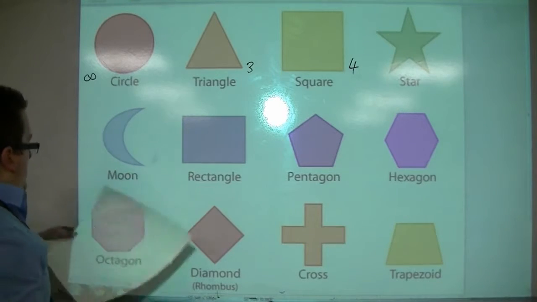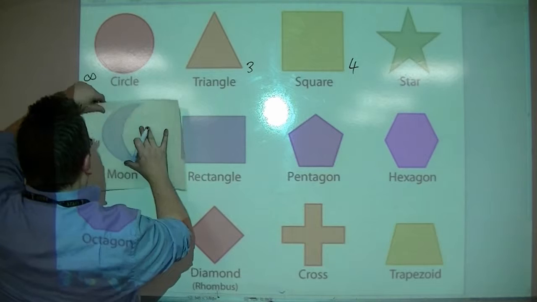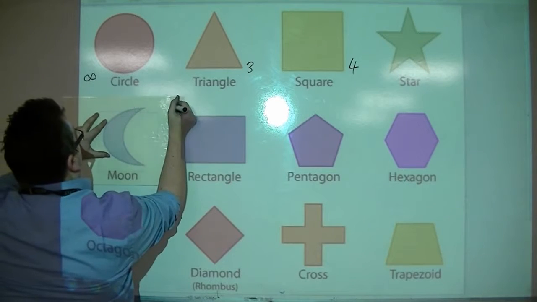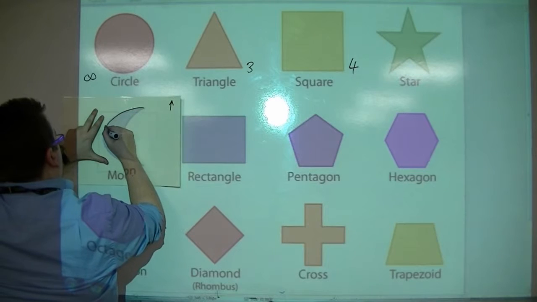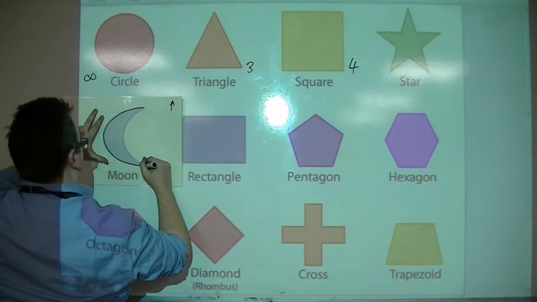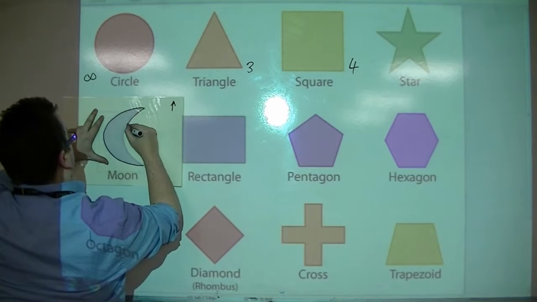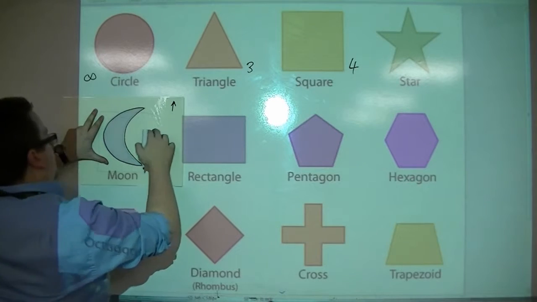Let's have a look at the moon shape here. So, let's say that's my way around. Trace over the shape of the moon, like so.